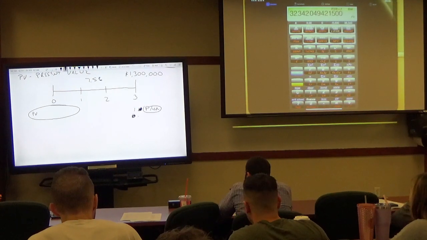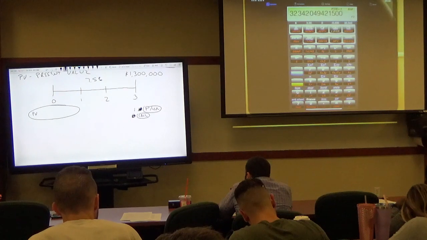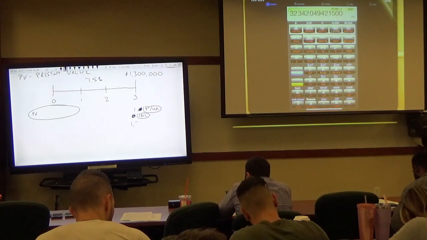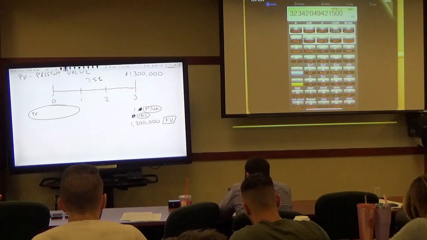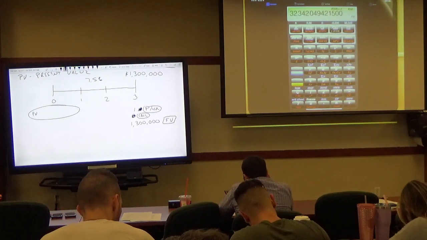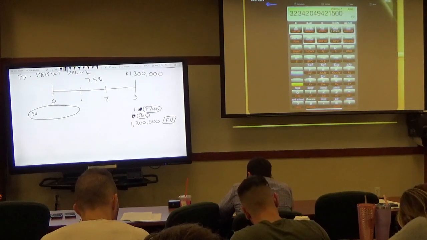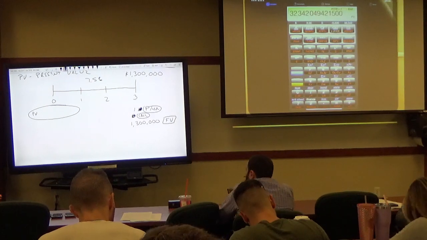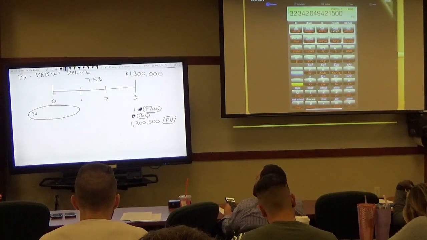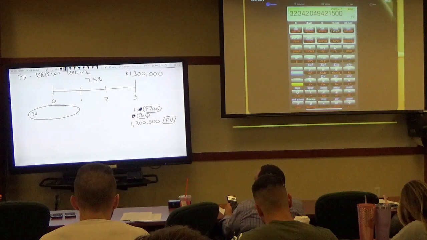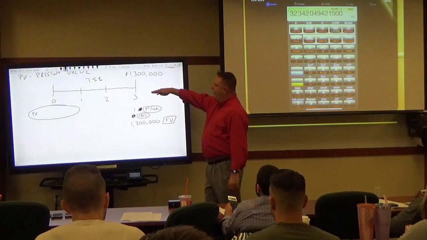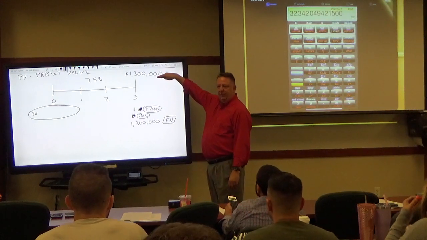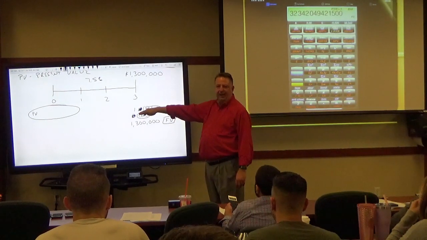Clear all. We're going to put in 1.3 million as our future value. One thing to point out here: in one of the previous examples, I put the present value in as a negative number and the future value as a positive number. There's a method to my madness in the way that I'm drawing out this timeline. Anything above the line is a positive number, anything below the line is a negative number.